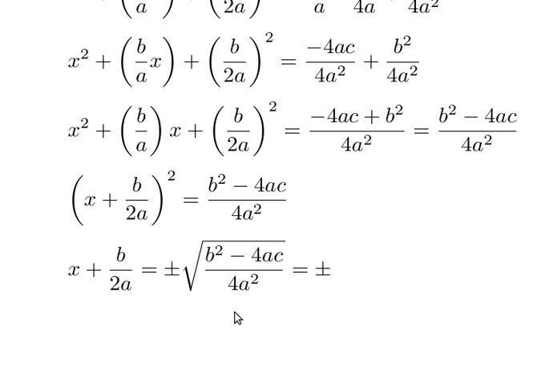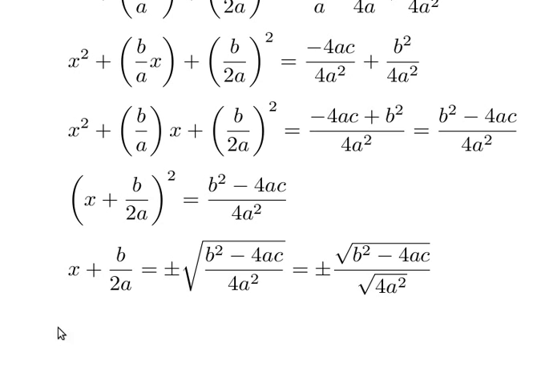So we'll have plus or minus the square root of b squared minus 4ac all over the square root of 4a squared. Now I'm going to take this as 2a.